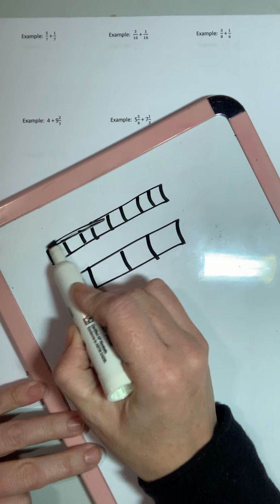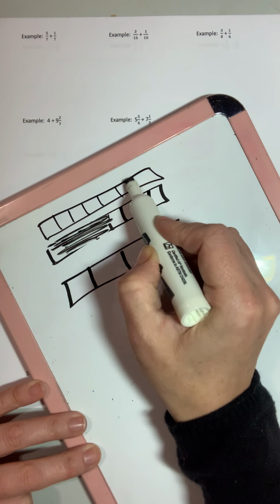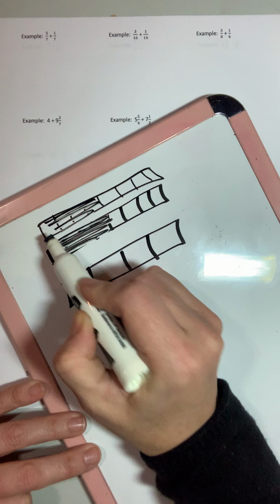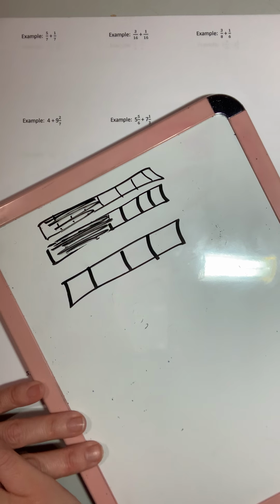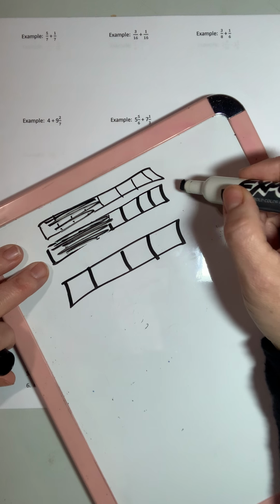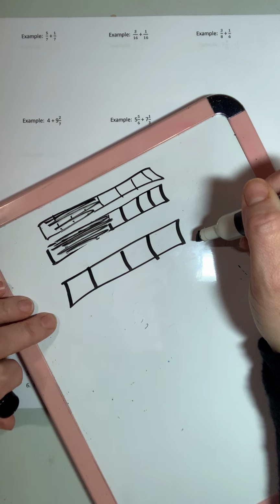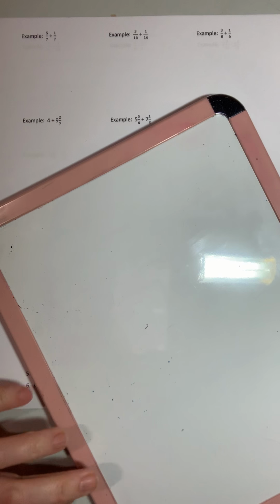Because if I have 4 of these, but then I have the same amount of squares and another 4, then I can add those two together because it's 8 out of the same amount of squares. I can't add something that's split into tenths to something that's split into fourths. Everything has to match up in fractions for addition and subtraction. I don't know if that made sense.